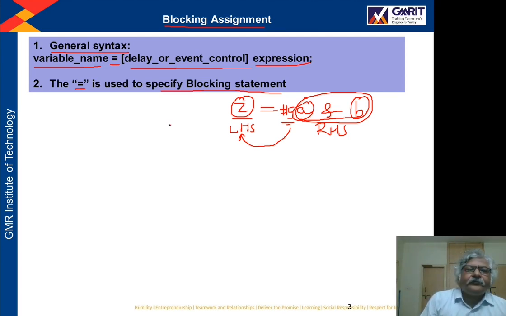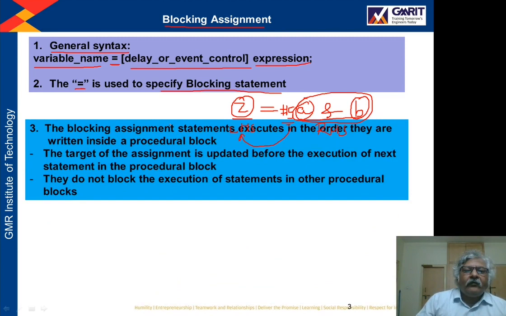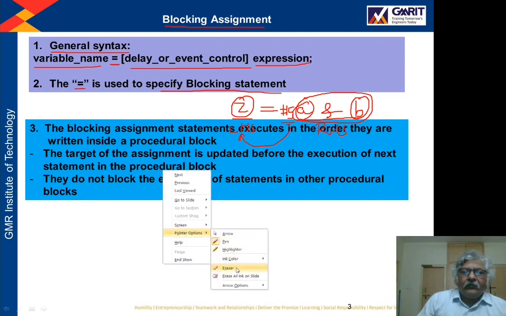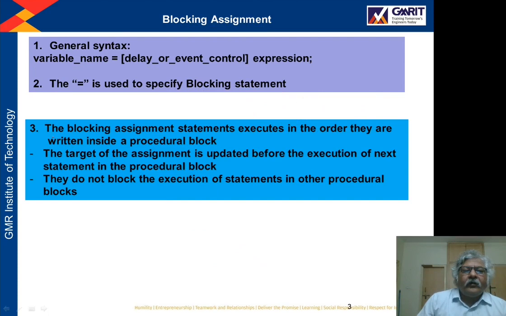Now, the blocking assignment statements execute in the order they are written inside a procedural block, right?